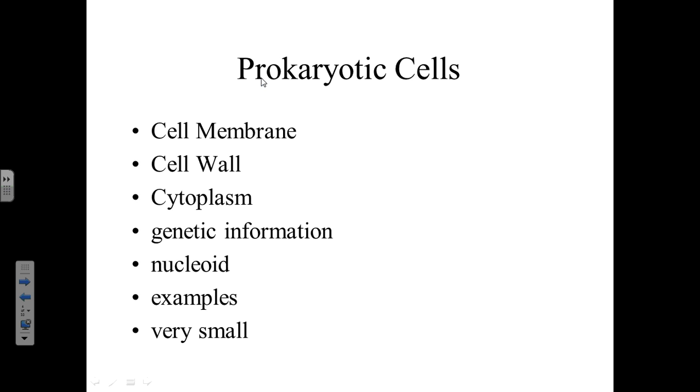What else do they not have? They don't have organelles. They do have cell membranes. They have walls to give them support and protection. They have DNA. It's just doing what? Floating around in the cytoplasm. Only real good examples are bacteria or bacteria-like organisms, and they are really tiny.